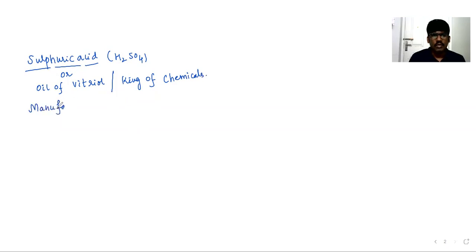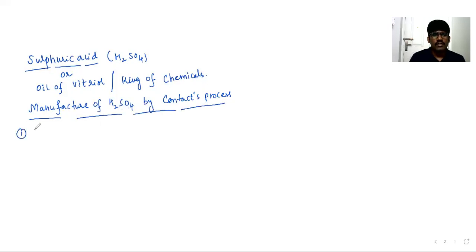And we are going to talk about its preparation or manufacturing and properties. Manufacture of H2SO4 can be done by a process called the Contact process.